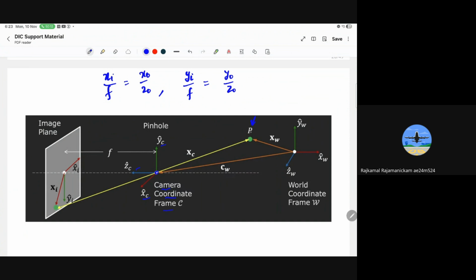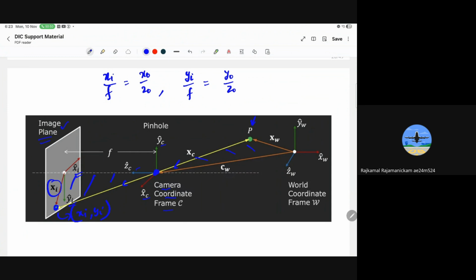This point has coordinates in the camera coordinate system, and corresponding to this point, we have the light passing through this particular pinhole and forming on the image plane. If XI and YI are the coordinate system for the image plane, this point has coordinates XI and YI. With the help of perspective projection, we can use the similarity between this triangle and this triangle.